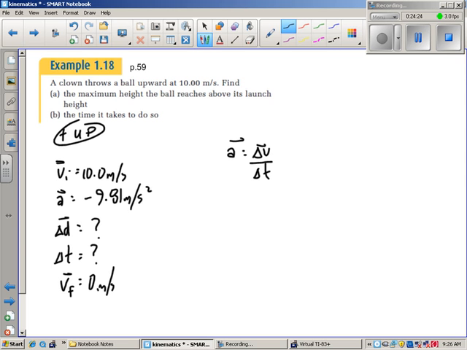Let's turn around and rearrange that, solve for delta T. Becomes delta V over A. Delta V, VF minus VI, 0 minus 10. A is negative 9.81. It's going to give me a time of what?